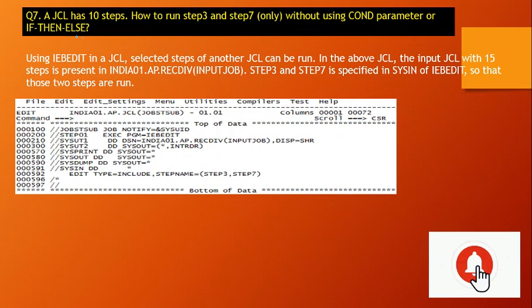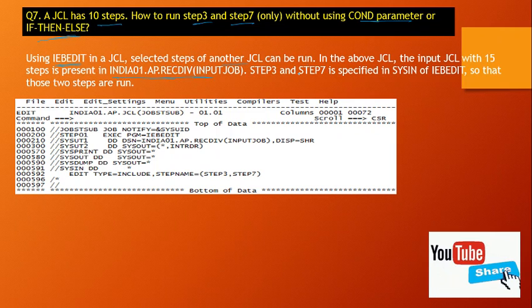Question number 7: a JCL has 10 steps. How do you run step 3 and step 7 only without using the COND parameter or IF-THEN-ELSE? We have a utility, IEBEDIT, which can run selected steps of another JCL. In the above JCL, the input JCL with 10 steps is present.